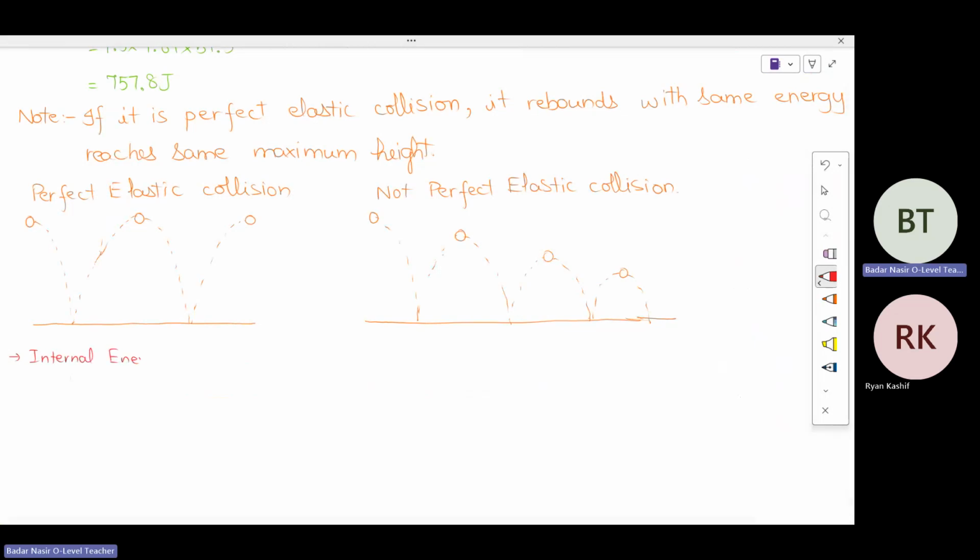So internal energy is basically the sum of kinetic energy and potential energy of the atoms and molecules of a body.